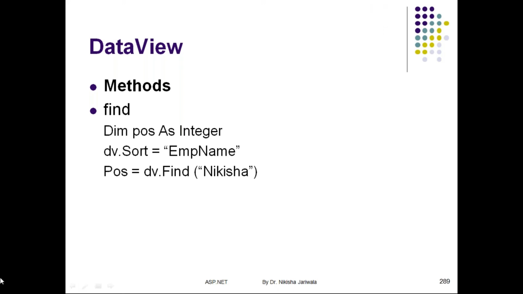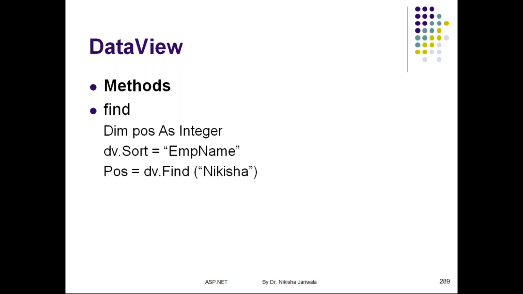So first of all, over here I have written dv.sort and done sorting on employee name. Then I want to find a particular employee from the records, so I will write dv.find, and within parentheses and double quotation I will specify the value from that particular column.